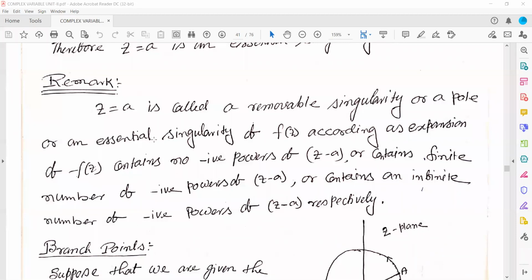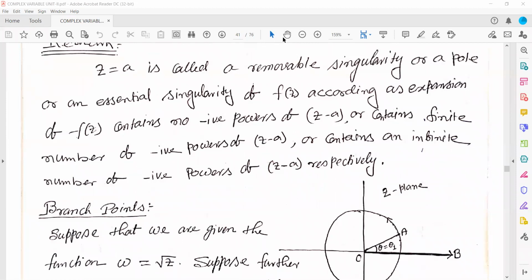Whatever we have discussed till now, by that also you can check what kind of singularity it is, but I'm going to discuss a very easy way. Suppose z equal to a is the singularity of the given function f(z). Then whether it is a removable singularity, a pole or an essential singularity depends on the expansion of f(z).